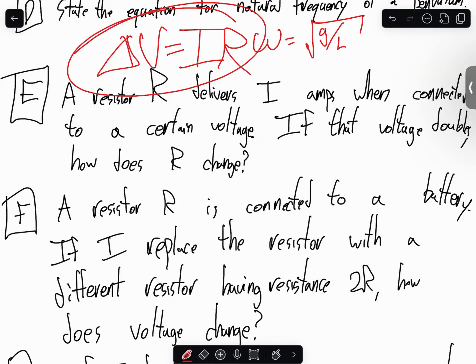Again, what I would encourage you to write is something to the effect of, the resistance of a resistor is not controlled by electricity. The resistance of the resistor controls electricity. The resistance of the resistor is controlled by the properties of the resistor.